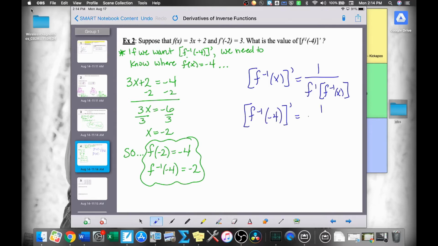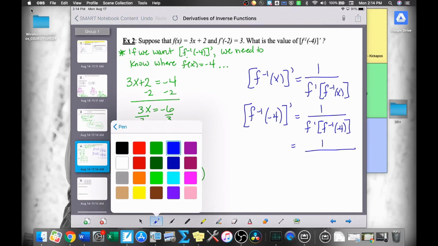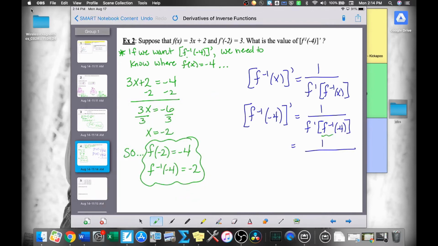So this is going to be equal to 1 over f prime of f inverse of negative 4. Well, I know f inverse of negative 4 is negative 2.